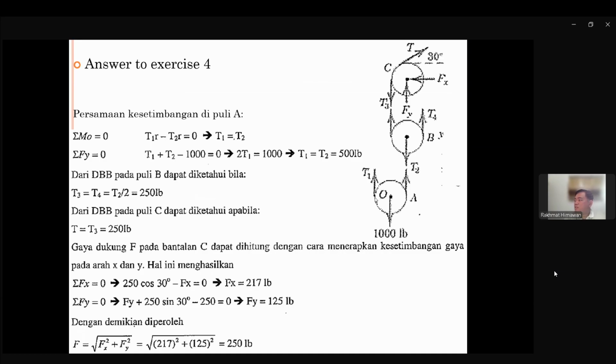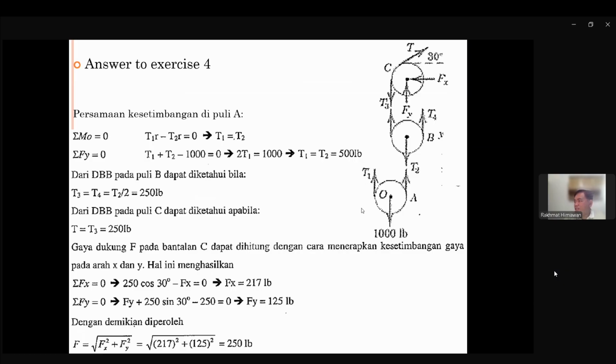So T1 is multiplied by the distance to the center O of the pulley, and T2 also, which means T1 equals T2. Whenever you have a pulley and a rope connected, with T1 going up there and T2 going up there too, these two are going to have the same amount.